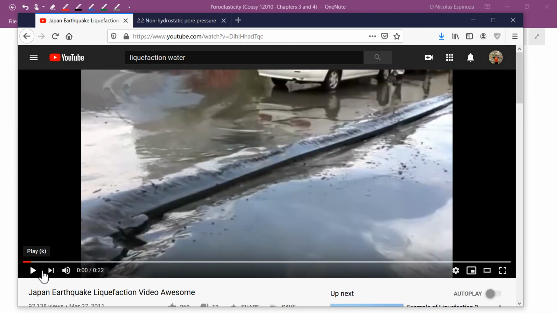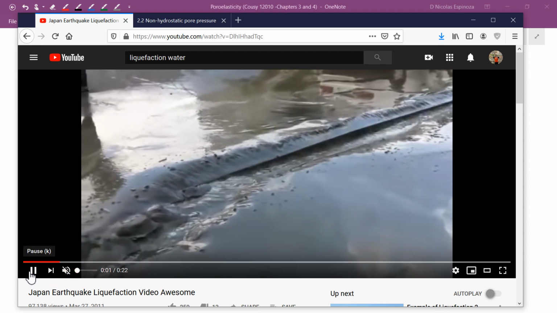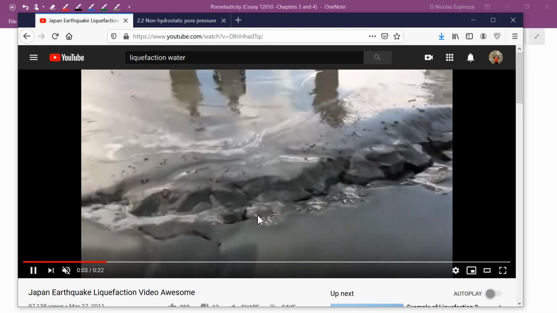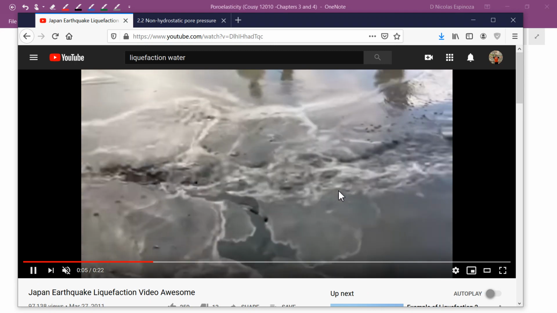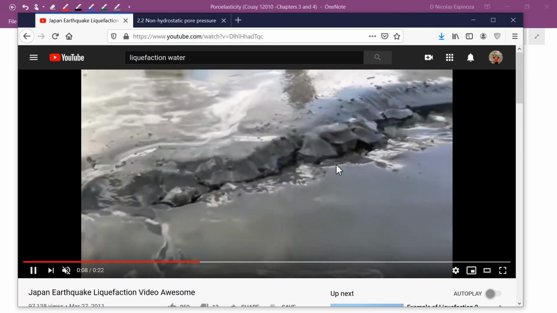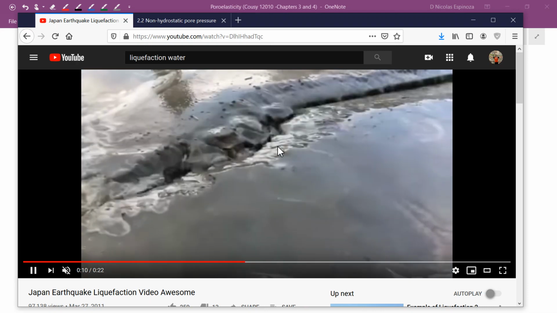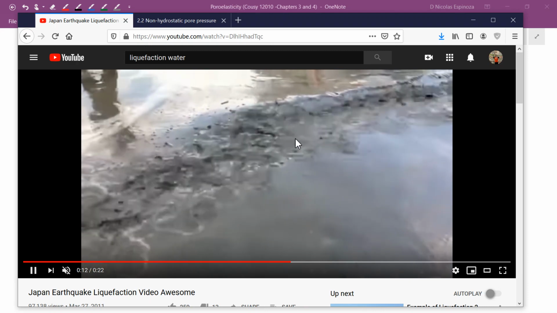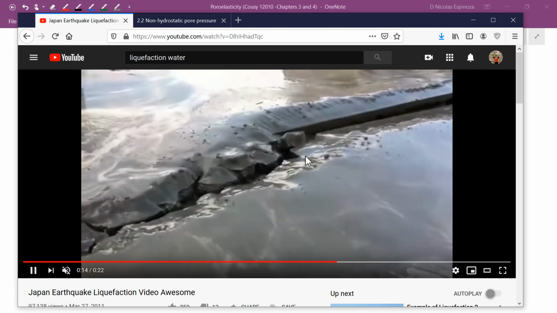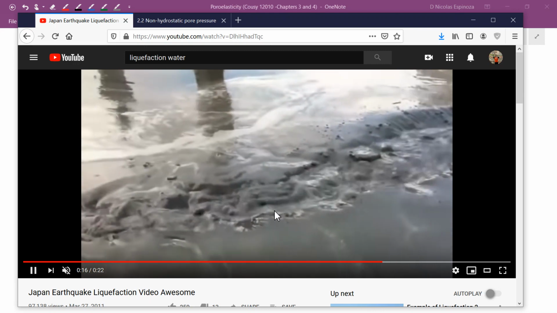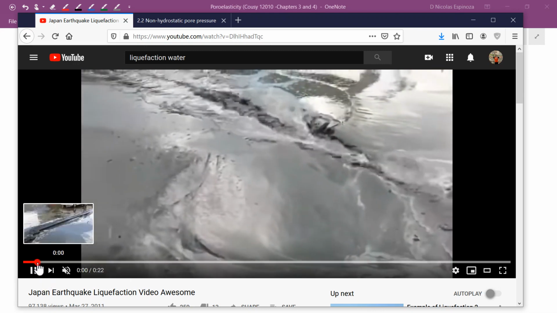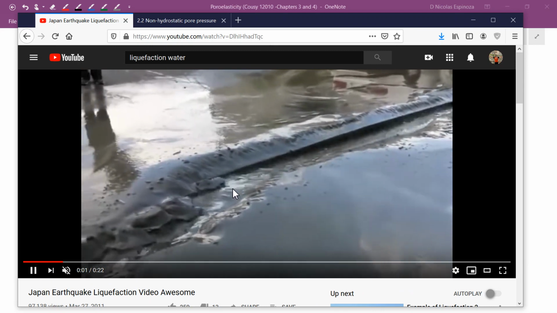And let me play the video. All right, so you see the level of the water going up and down, and you can also see actually the ground moving and displacing. So the action of the ground and porosity changing is what is making the fluid move.